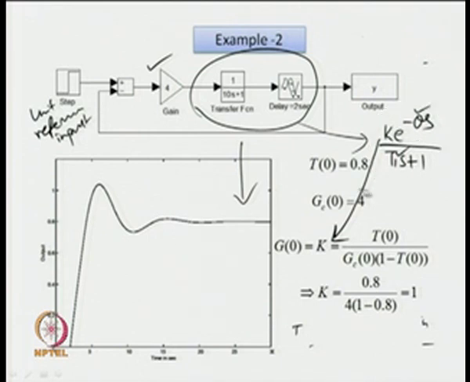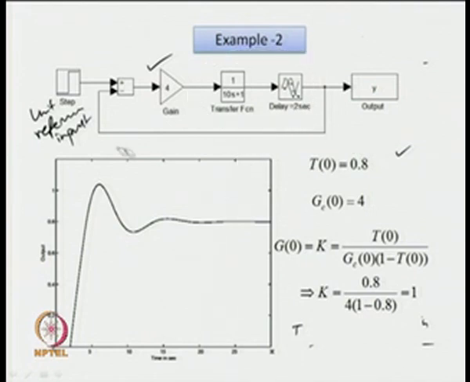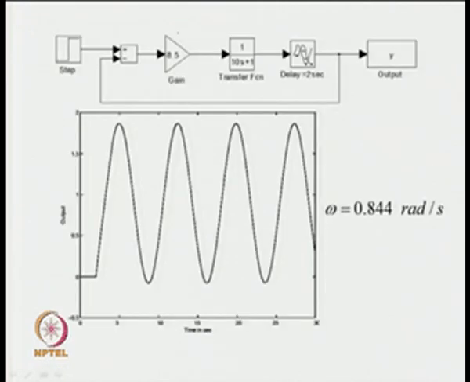To obtain a sustained oscillatory output, we have to go on increasing the proportional controller gain. We will try with various values. By hit and trial, when we have a proportional gain of 8.5, we obtain a sustained oscillatory output for the closed loop system.